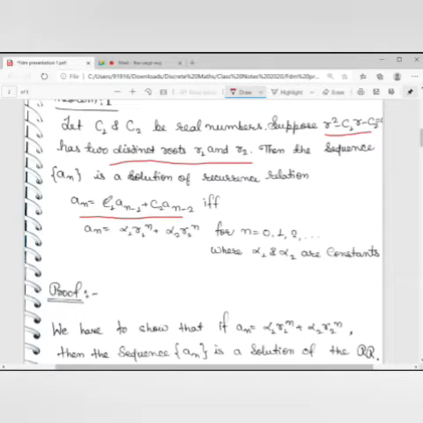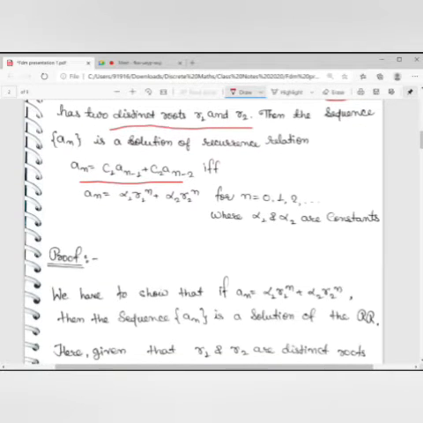Now let's begin. We will prove this in two ways. First, if r1 and r2 are roots of this characteristic equation and alpha1 and alpha2 are constants, then the sequence a_n = alpha1 r1^n + alpha2 r2^n is a solution of the given recurrence relation.